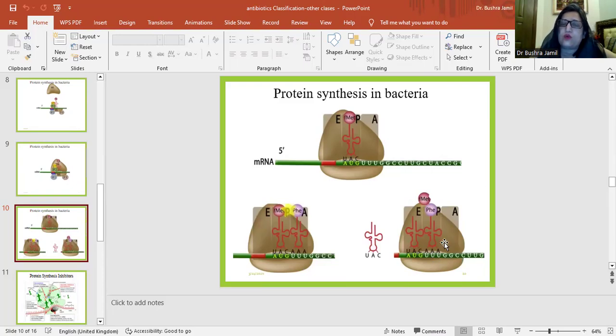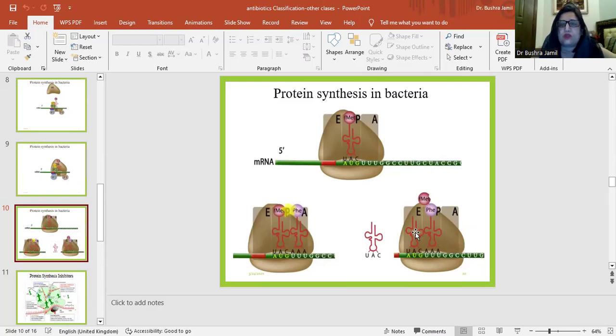So that's how, when the transfer RNA carrying the anticodon to this codon comes here, it will bind here, and then again the peptide linkage between this chain and the new amino acid will be established. And as the peptide link is established, the ribosome will move a step forward, and this transfer RNA will be released from the E site.